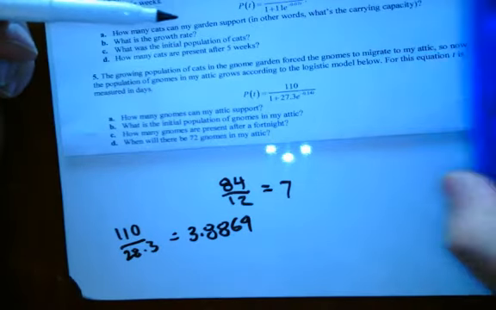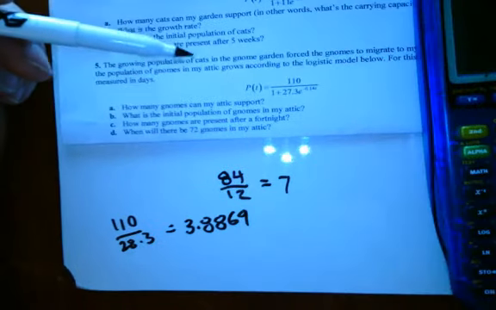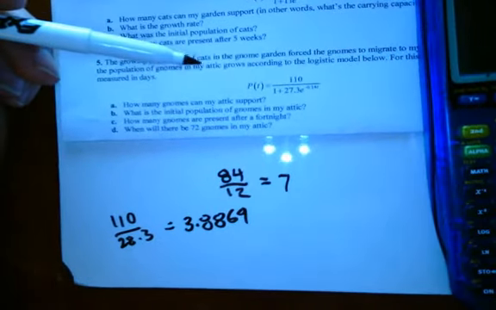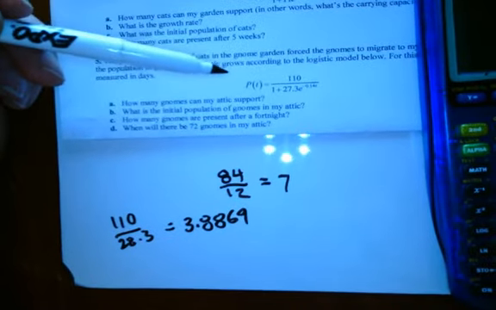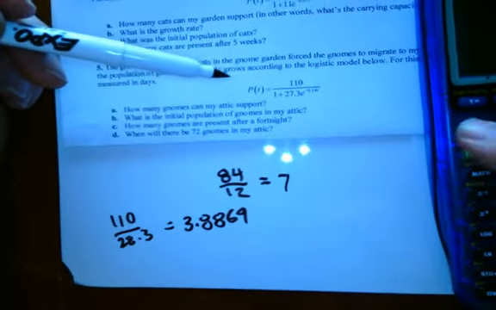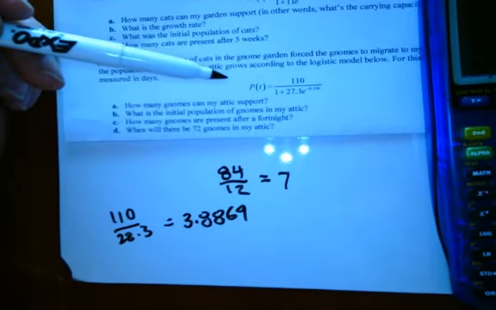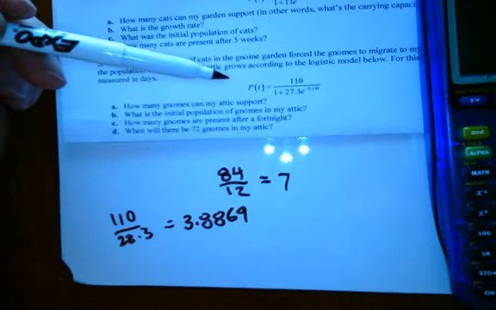Okay, next we've got how many gnomes are present after a fortnight. Well, a fortnight is 2 weeks, or 14 days. So I'm going to plug a 14 in for time here, because time is measured in days in this problem.